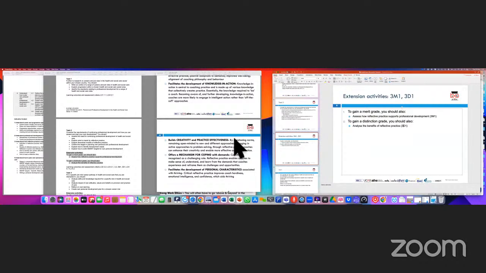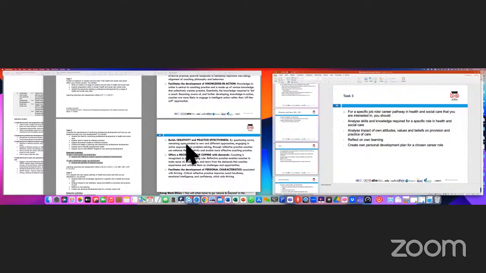That also looks at the process of reflective practice. Over a point in time, it helps you develop your personal characteristics. And this is what you would need to put together in the assignment when we talk about benefits of reflective practice.